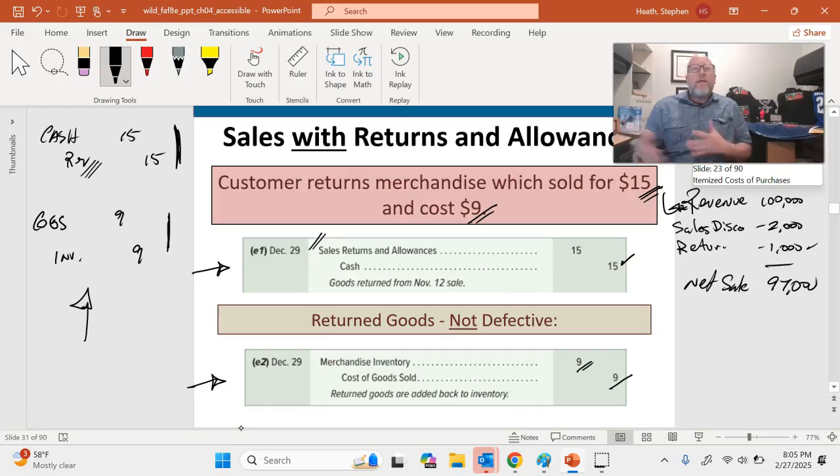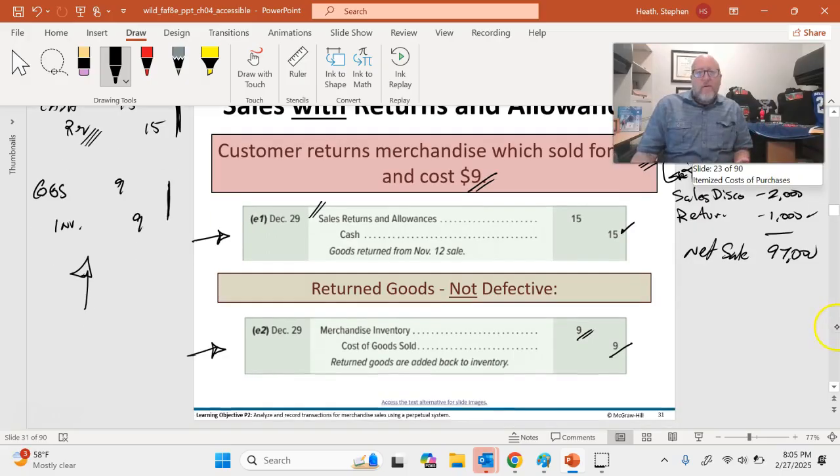Okay, it could be the case that a customer wants to keep the toaster and instead just wants a discount on the price of the toaster. So they're like, hey, we paid $15 for it and I want some cash back because I'm not happy with the way it looks in my kitchen. So that would be an allowance, not a return.